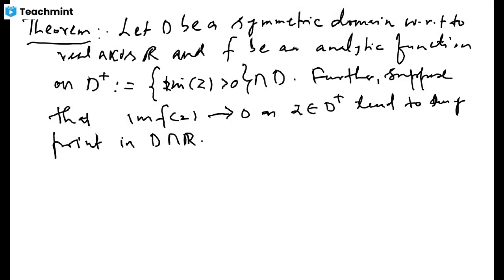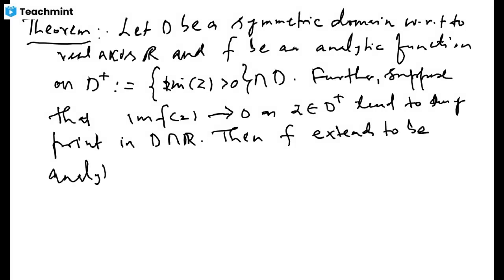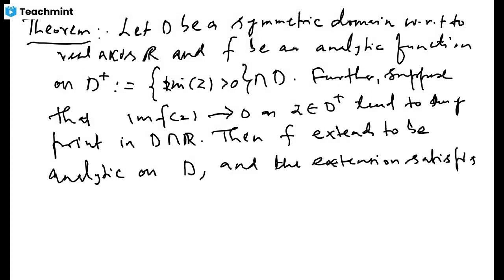So with this kind of setting, we have that this function f can be extended to be analytic on the whole of the domain D, and the extension will satisfy the following identity: f(z conjugate) equals the conjugate of f(z).